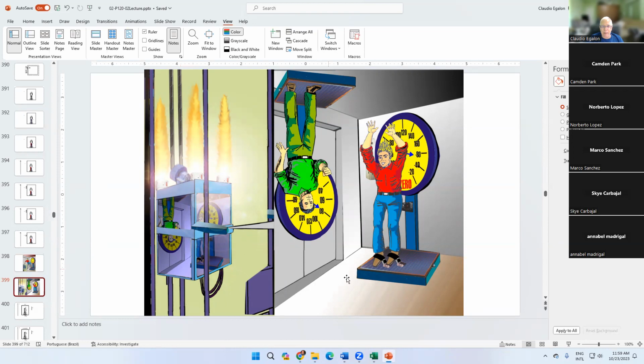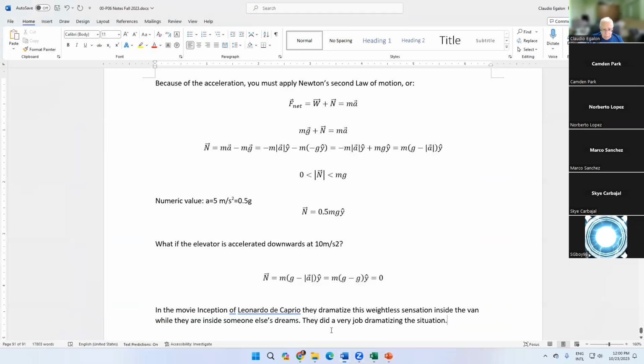Upwards becomes downwards. The scale starts recording a negative weight, and you can even walk upside down like this guy is. Take a look at the hair of the other one.